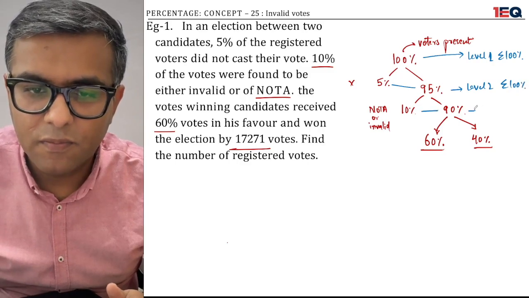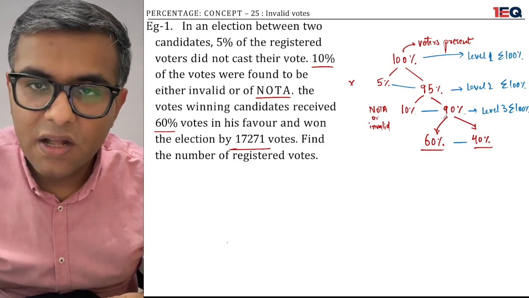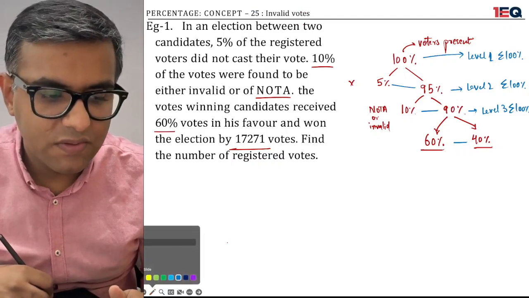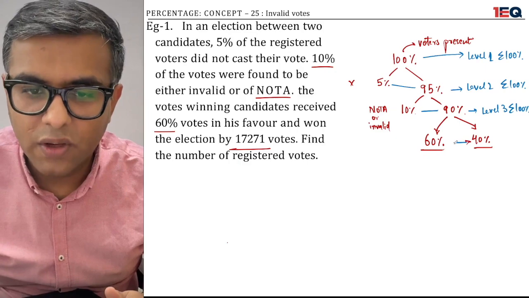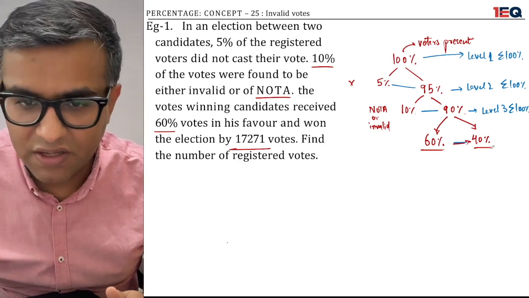This is level 3 and the sum should be 100%. Now this again is level 4, so the sum should be 100%, and it helps us in our calculations. That is why we are always going to split it into portions of 100. So 60 is here, 40 is here.